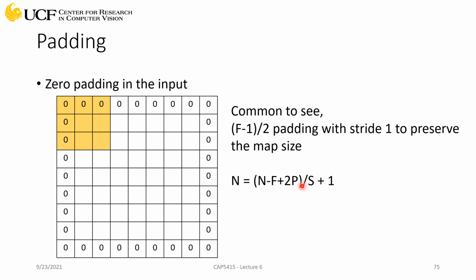This is the same equation which we had, and it gives you the size of the output feature map. We want to preserve it, so it should also be n, where n is the size of your input feature map, and you can just solve this equation. That's going to give you whatever parameter you want. Of course, we'll have to make some assumptions, like if you want to use stride 1, replace that with 1.